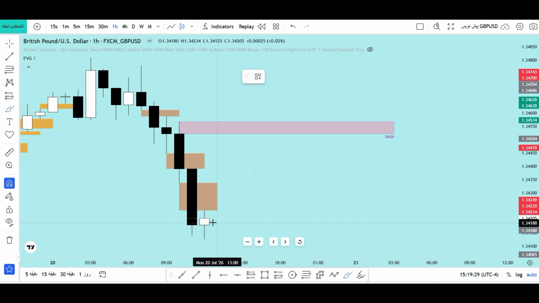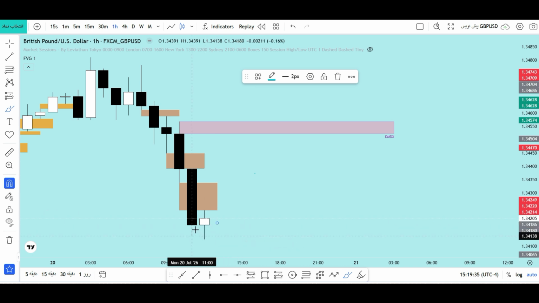And we are waiting for price to come back to the zone from this area. But if it made many candles to the lower side, it's not valid. Let's see what happened.